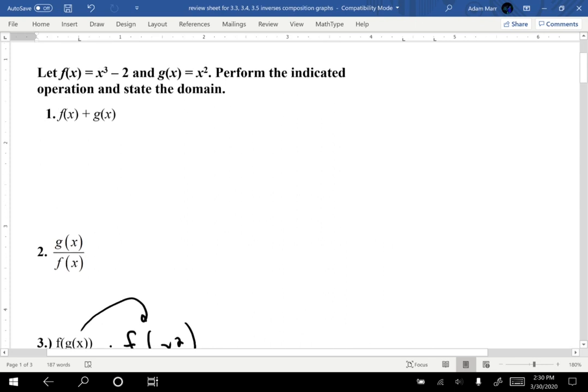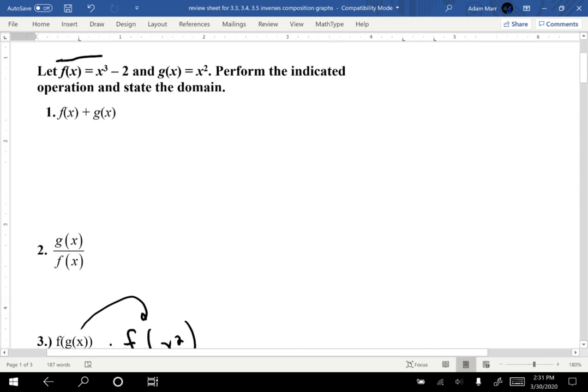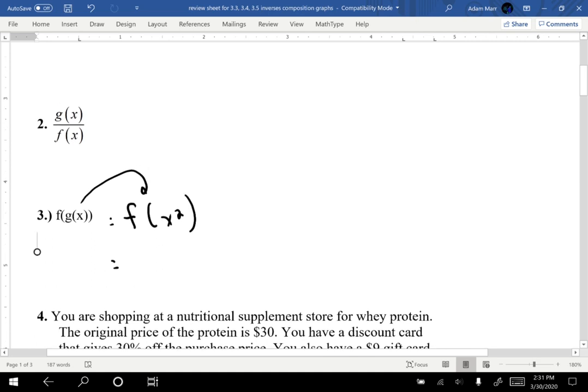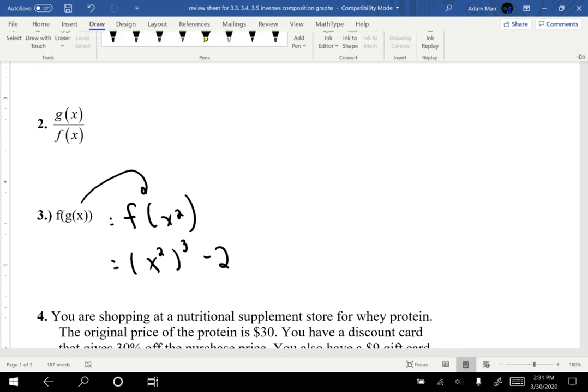Next, f of x squared. Well, let's look at the f function. It says x cubed minus 2. So that means whatever's in the parentheses cubed minus 2. And what's in the parentheses is x squared. So now we have x squared to the third minus 2.